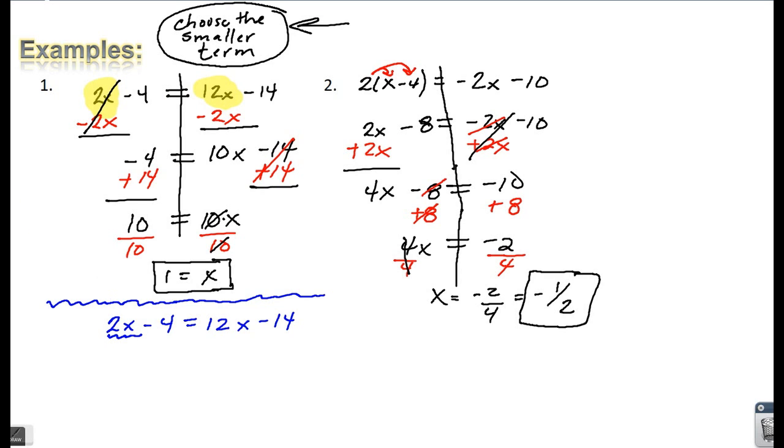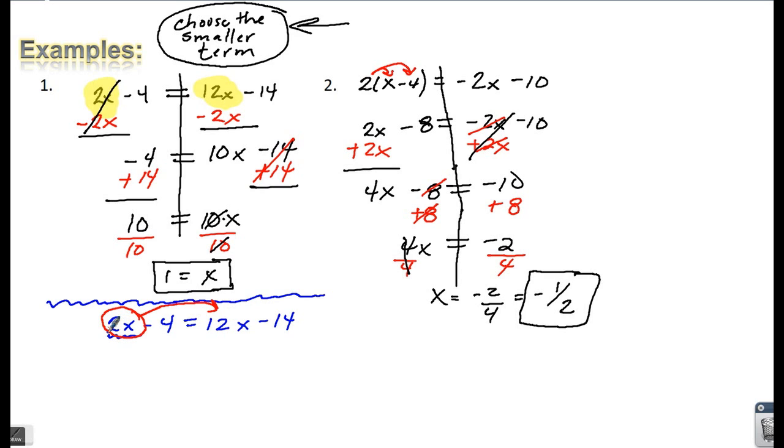And what I'm going to do is take this 2x and jump it over the equal sign. So I'm going to take my 2x and move it over to the other side. When I move this positive 2x over the equal sign, it'll change signs.